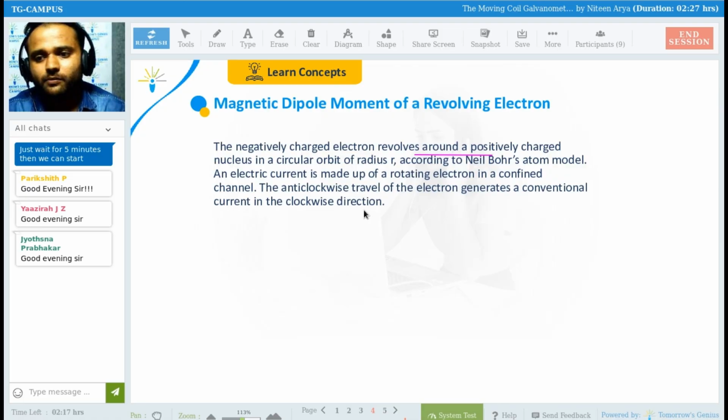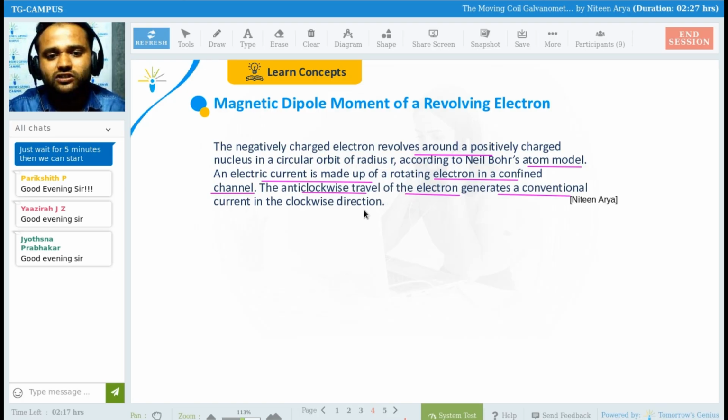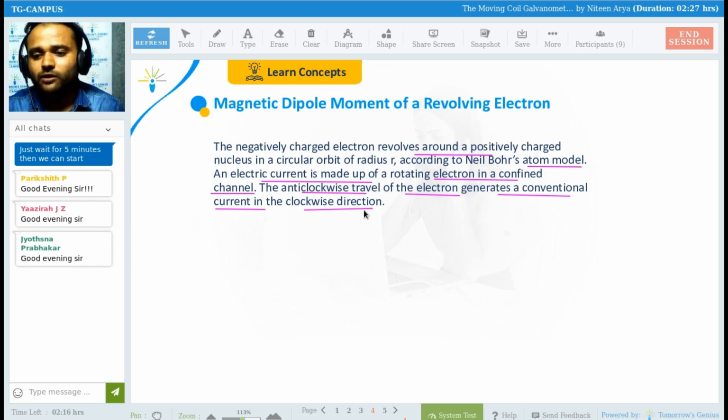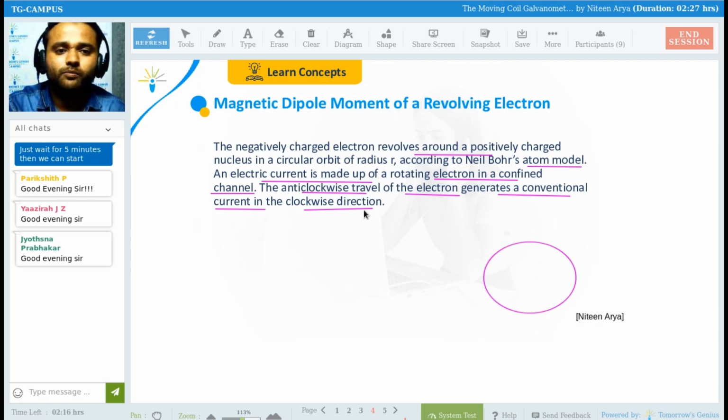According to Niels Bohr's atom model, an electric current is made up of a rotating electron in a confined channel. The anti-clockwise travel of the electron generates a conventional current in the clockwise direction. What it means in general, we need to understand properly, so that it can help us whenever we learn about the Bohr magneton here as well as in the Bohr model. Is this clear, everyone?